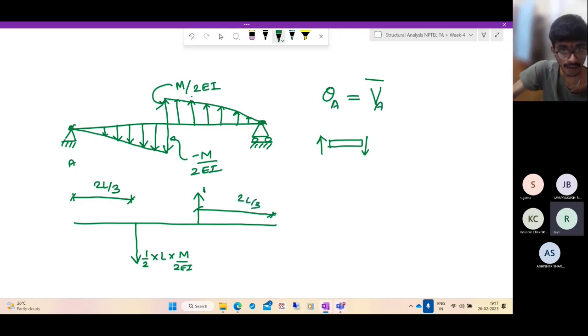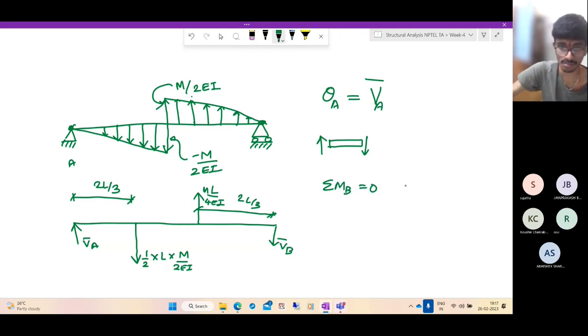So this is ML by 4EI. And here we have VA, and here we have VB. Now we are interested in finding V bar A and V bar B. Now we want to find V bar A. So let us take moments about point B and set them equal to 0. So what do we get?